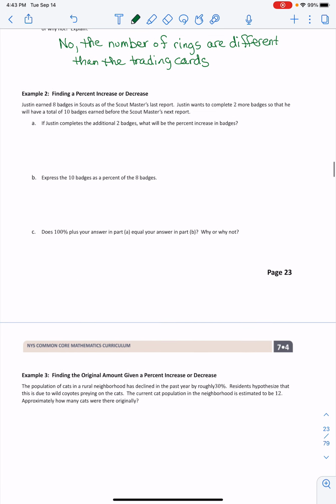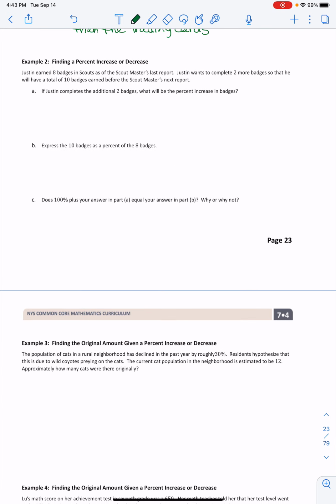Now our next question says finding a percent increase or decrease. Justin earned 8 badges in Scouts as of the Scoutmaster's last report. Justin wants to complete 2 more badges so that he will have a total of 10 badges earned before the Scoutmaster's next report. If Justin completes the additional 2 badges, what will be the percent increase in badges?